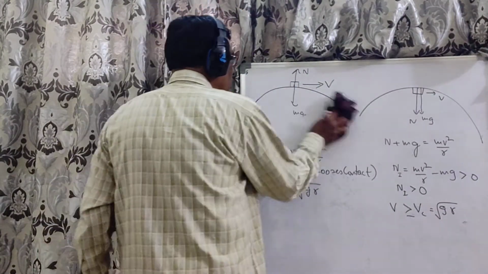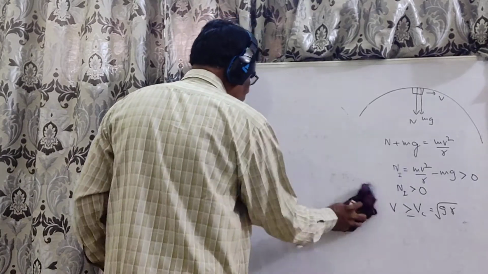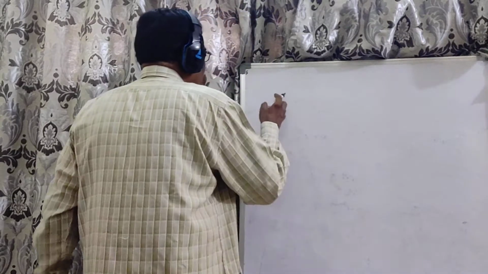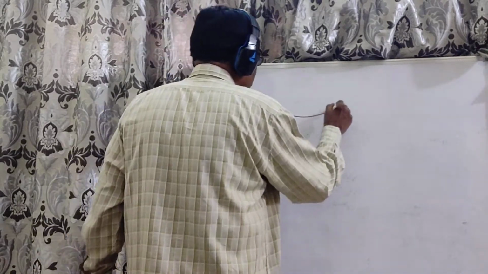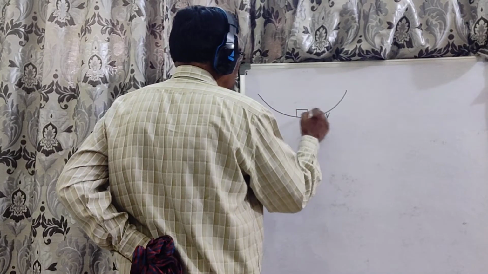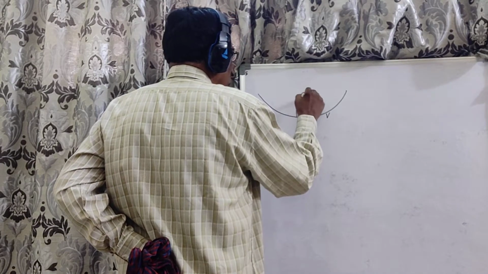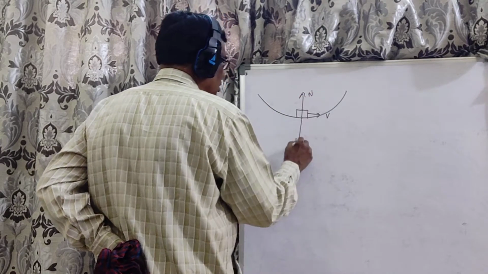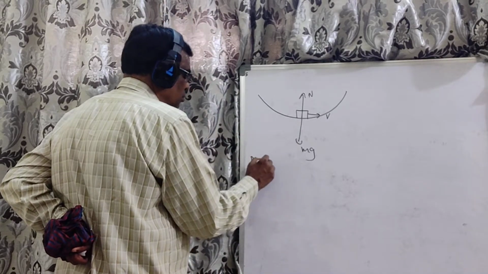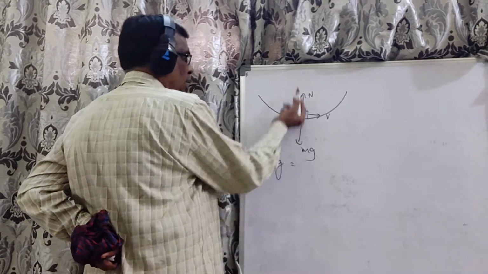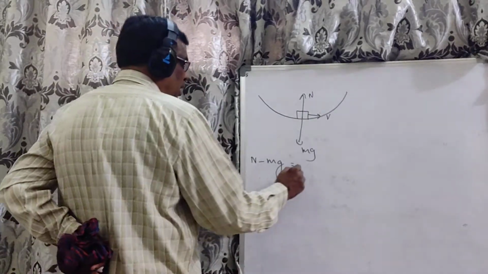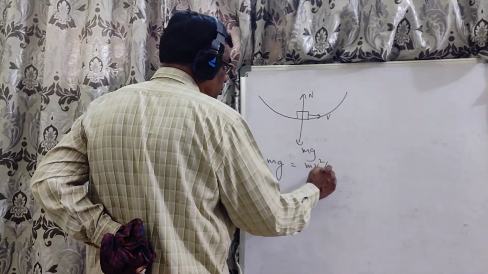Now, when I go to the other one, suppose I go with the concave nature. Suppose it's going with V. N is like this, mg. What is the centripetal force? N minus mg, all towards the center, and this is equated to mv square by r.